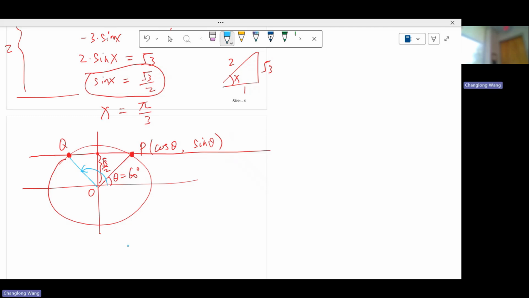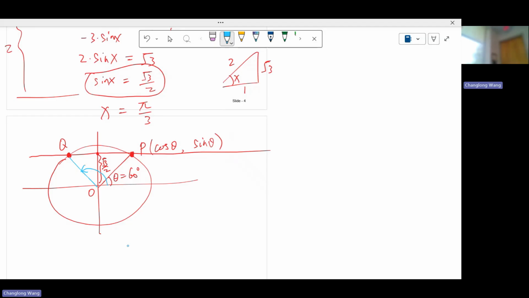Amaya, what did you say? 120. Why is it 120? Okay, is it because you saw that the angle on the other side is the same as 60? But you're looking from the horizontal, the positive x going all the way here, not quite getting to the 180, right? You're still what? 60 degrees away from 180.